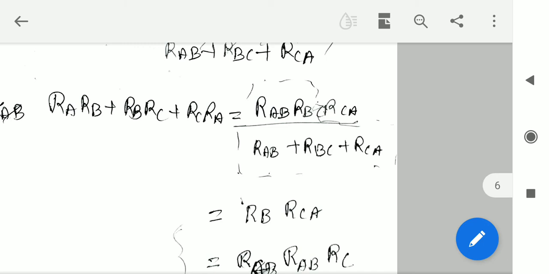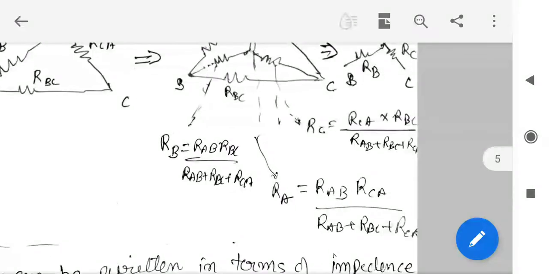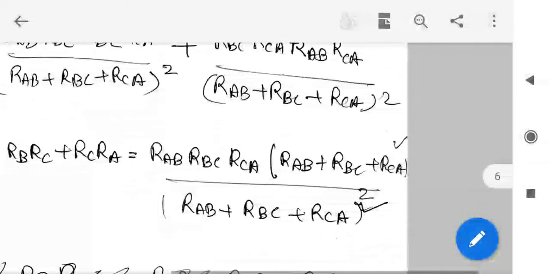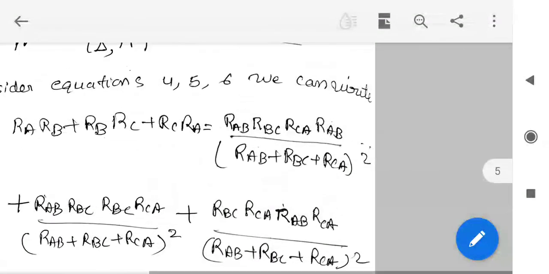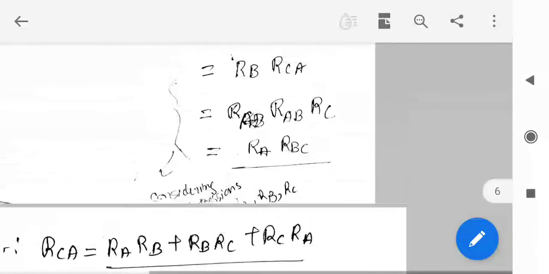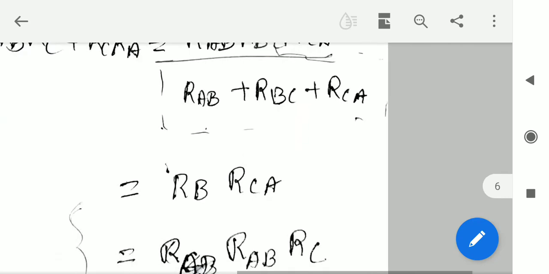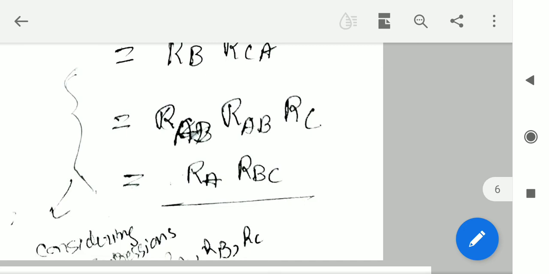Or if we group RBC into RCA divided by the sum of the resistances, it is RC, so I can write it in another fashion as RAB into RC. Similarly, if I group the other two, we get RA into RBC. So the same thing can be written as RB into RCA, or RAB into RC, or RA into RBC.